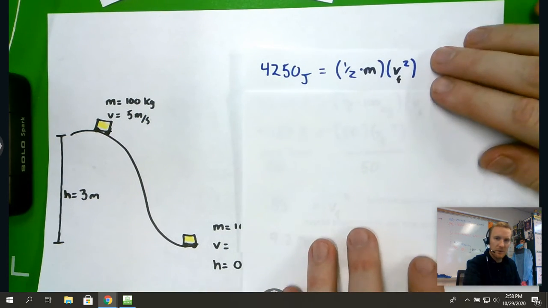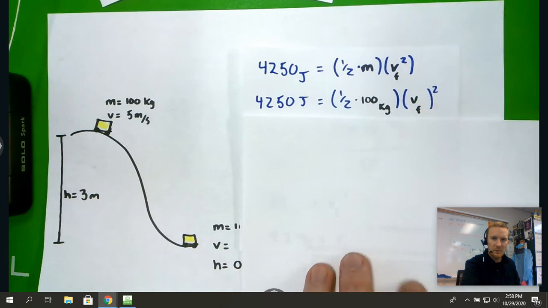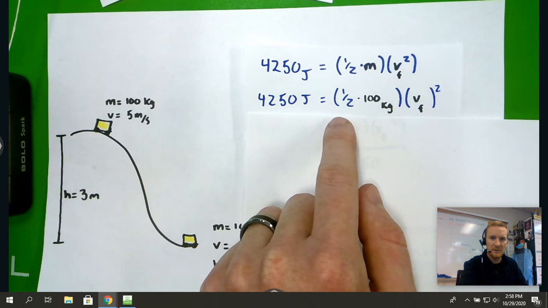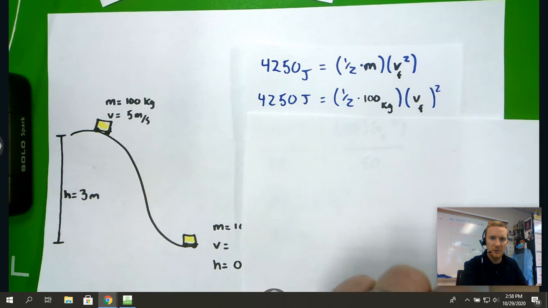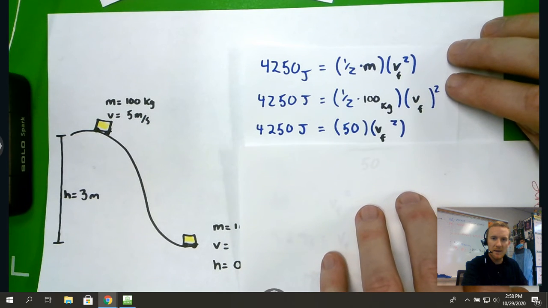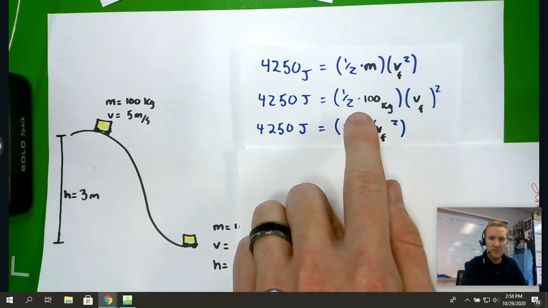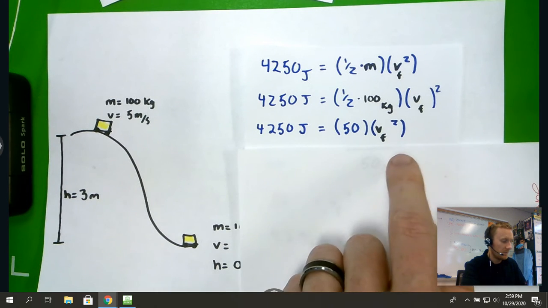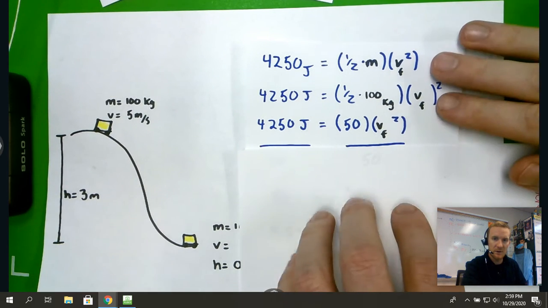Okay, so I know that my mass is equal to 100 kilograms. Okay, so 4,250 joules is equal to 1/2 times 100 times our velocity squared. Right? And I know that, well, 1/2 times 100 is equal to 50. So again, simplifying this even further still. Now I just have to solve for my final velocity.